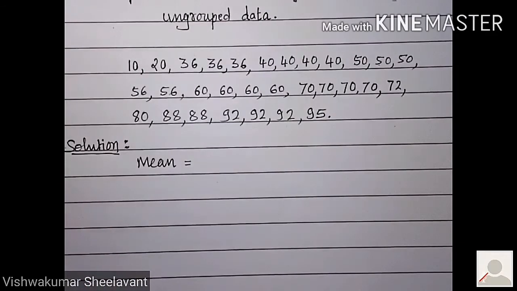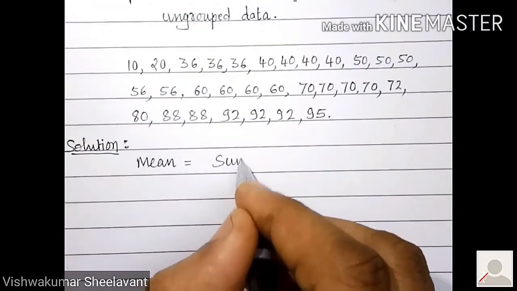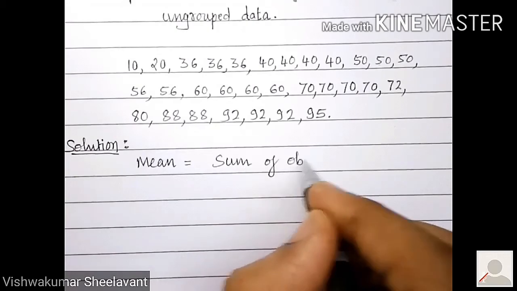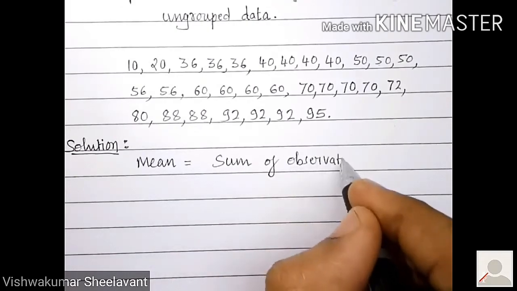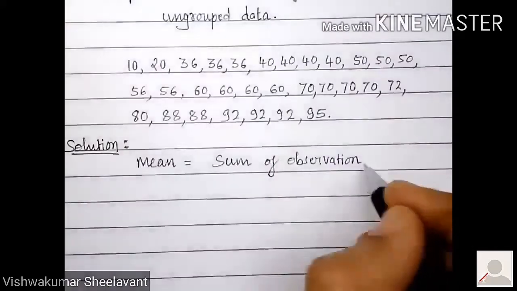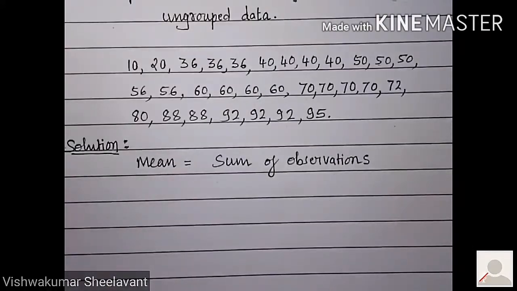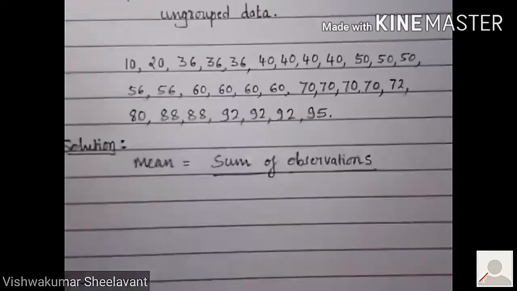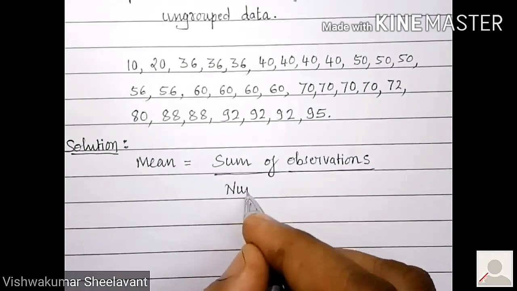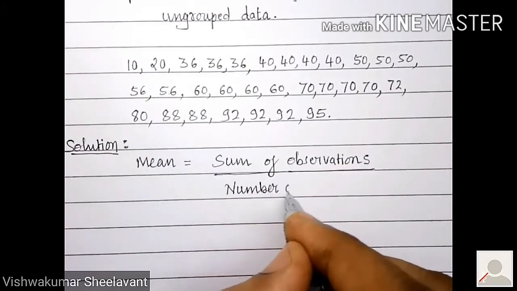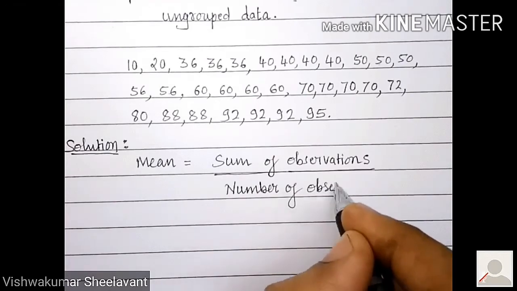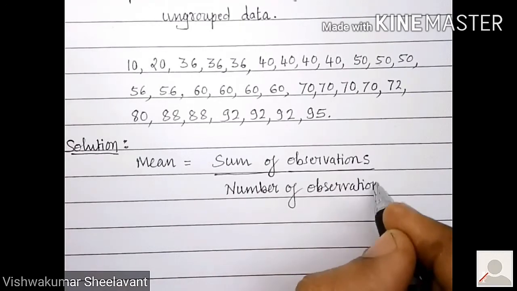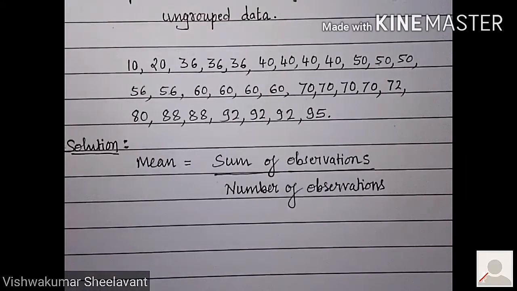Mean is equal to sum of observations by number of observations.